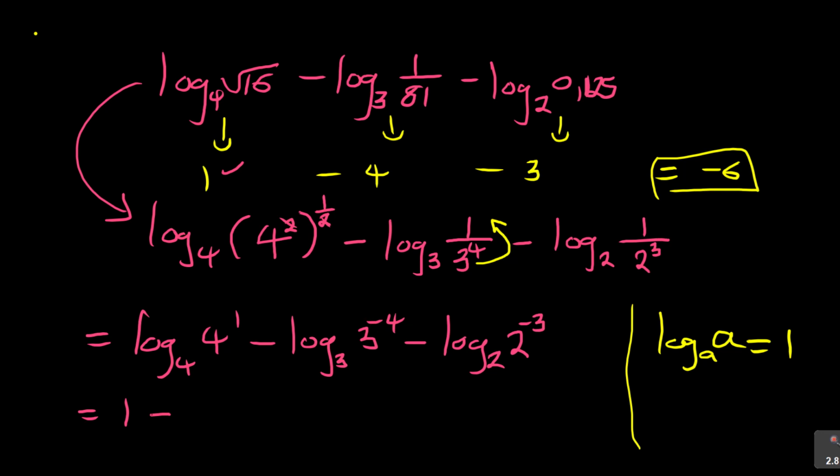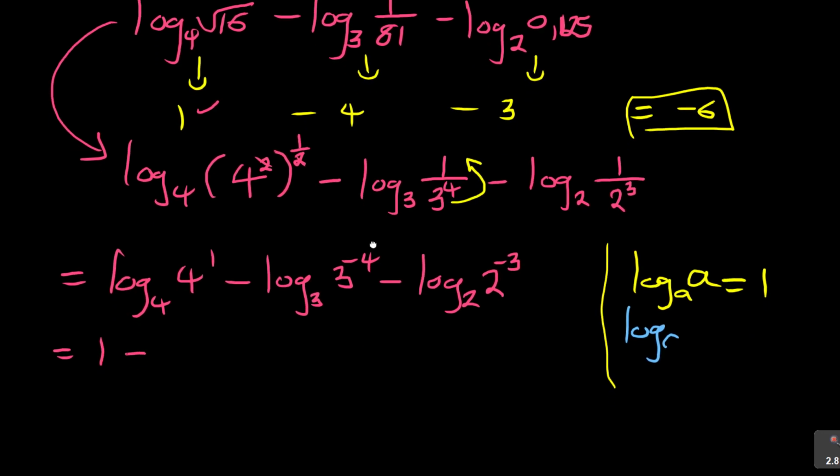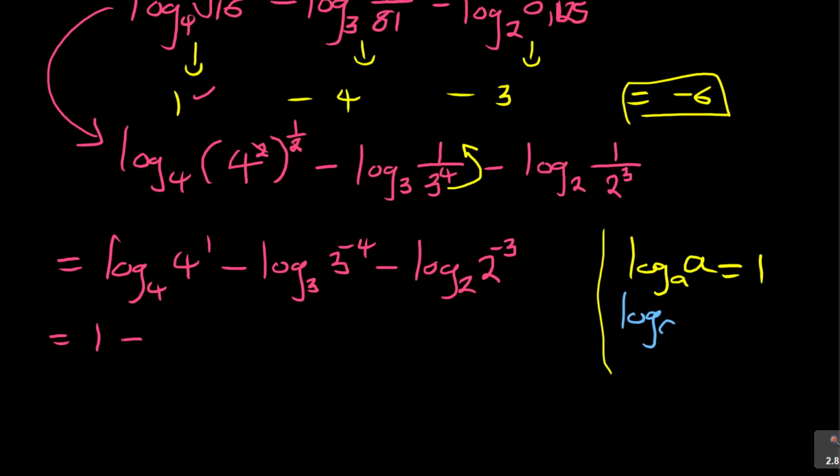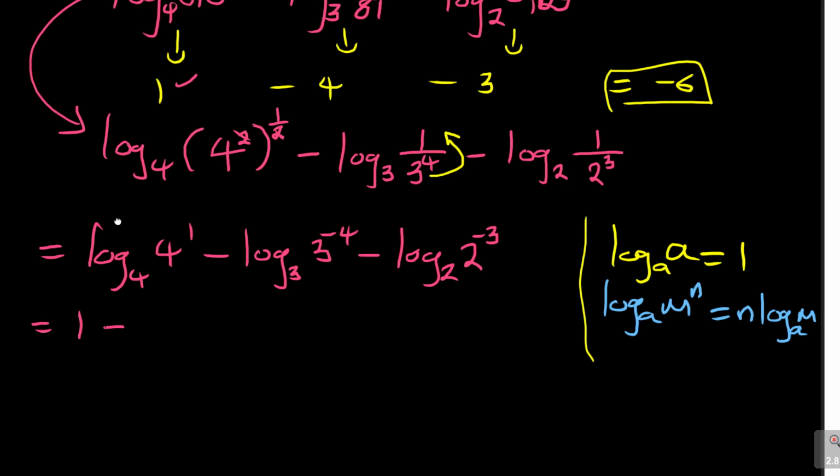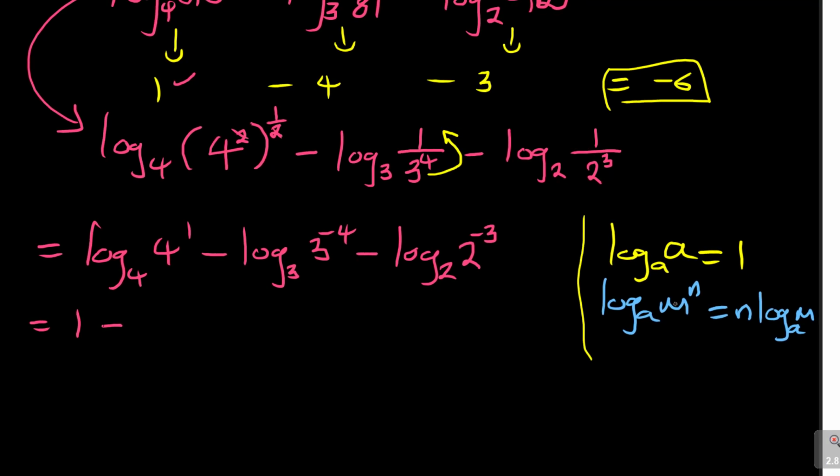The law of log says if you have got log, for example, base a of m to the exponent n, this n, you drop it down, and then you write your log in base a of m. Look what happened there. So the exponent, you drop it before the log to become that n.